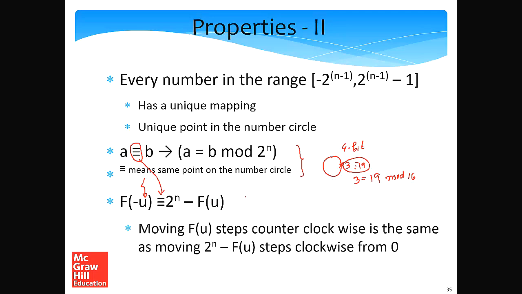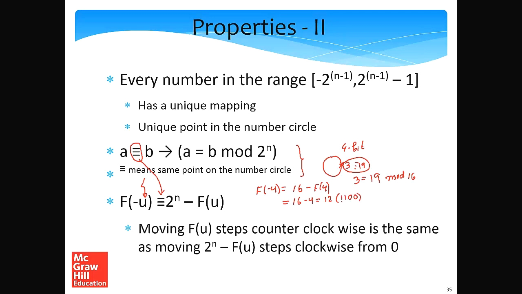Let me first give an example and then we will look at the proof of this. Consider the representation of minus 4. This is equal to 16 minus the representation of plus 4. The representation of plus 4 is just 4. So this is essentially equal to 12's binary representation, which is 1100.